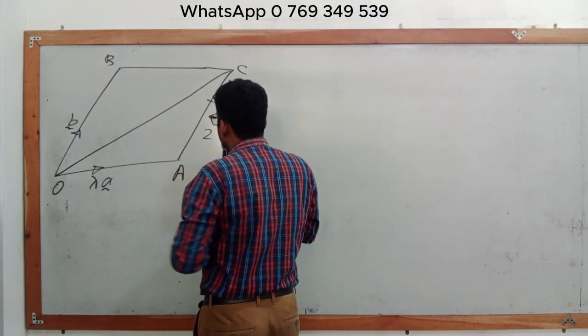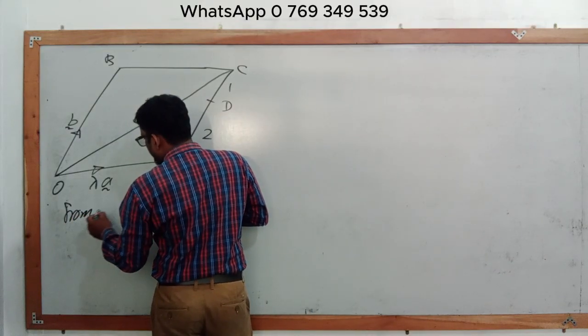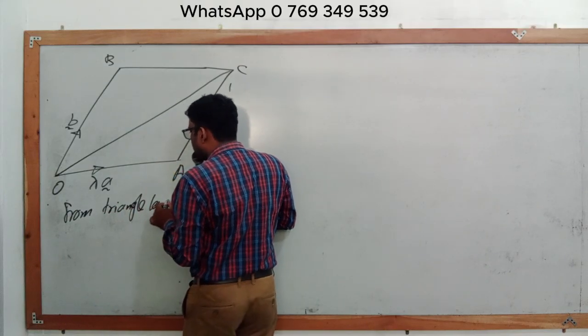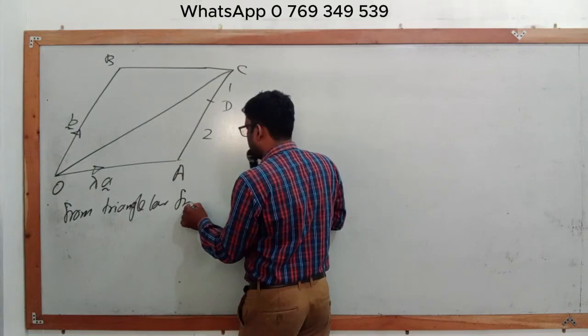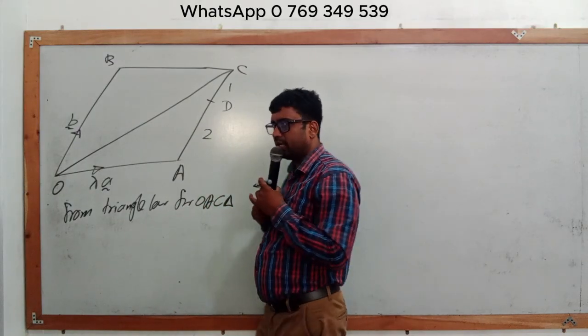Right? We need OC from the triangle law, for the OAC triangle. Triangle law says what is the theory?